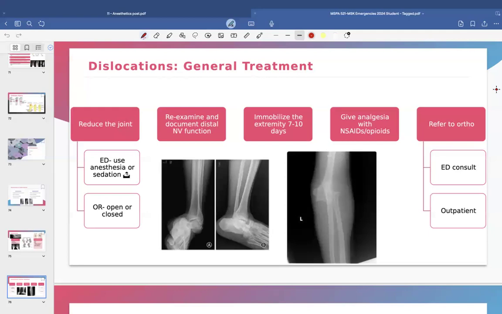Refer them to follow up if this is done in the ED setting, because once you've ripped something out, you now have instability there, and you want to make sure that they don't pop out again. You want to have them on a follow-up plan.